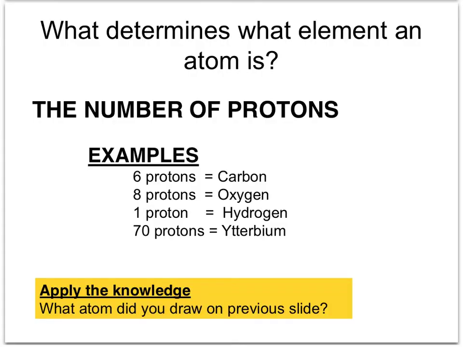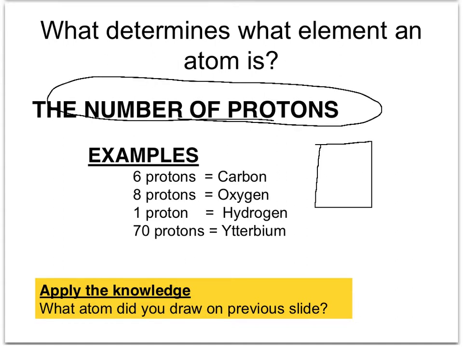Alright, well, protons, neutrons, and electrons make up all the atoms on the periodic table. So what makes them different? Well, if you looked at a periodic table, and I recommend that you either look at one online, or if you want, you could turn to the periodic table in our textbook, and you'll find that every element has a box. And if we try to figure out what's the difference between all of the elements, there's really one thing that makes them different, and it's the number of protons.